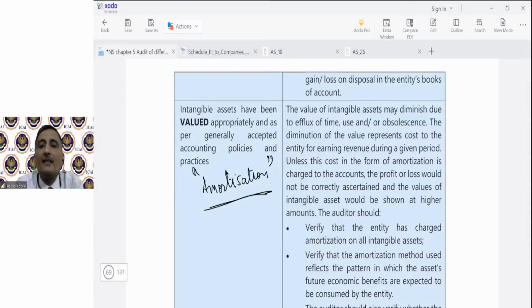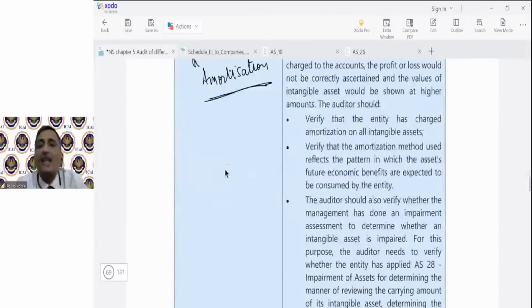So the duties in case of intangible assets, like in case of PPE, are that the entity has charged amortization on all intangible assets, and the amortization method used.